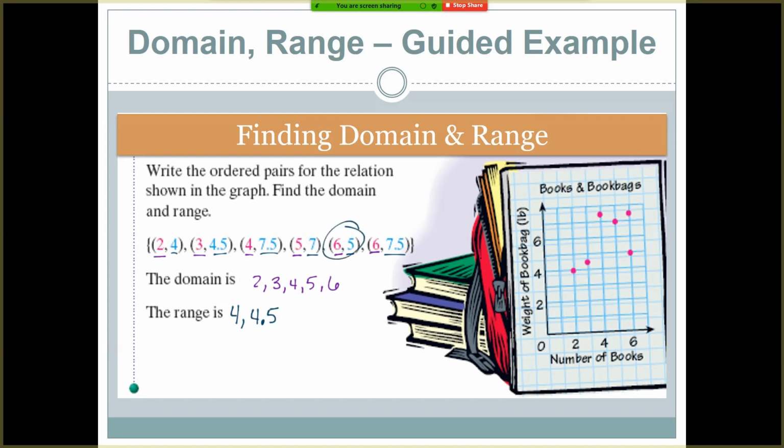Then we have this 5 over here that we're going to list next. 7 and 7.5. So 4, 4.5, 5, 7, and 7.5 are all the values of your range.